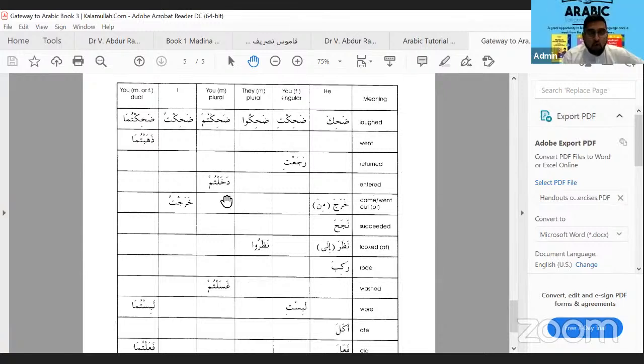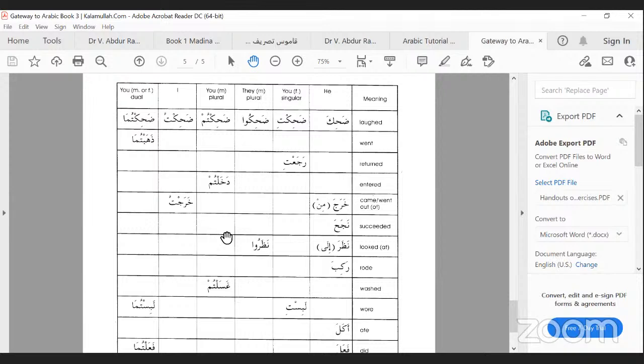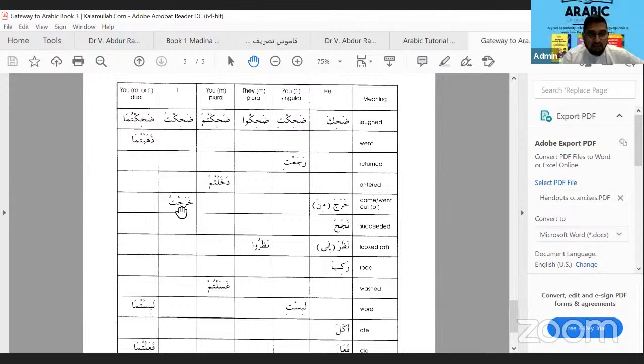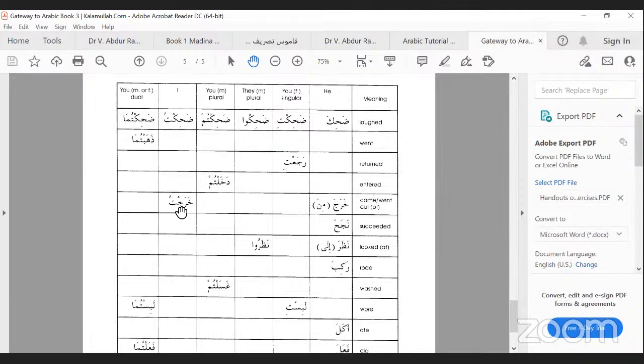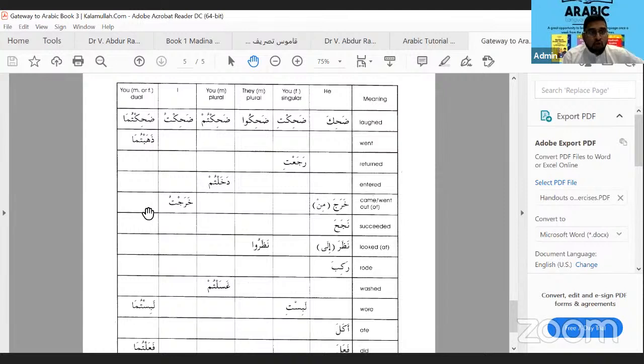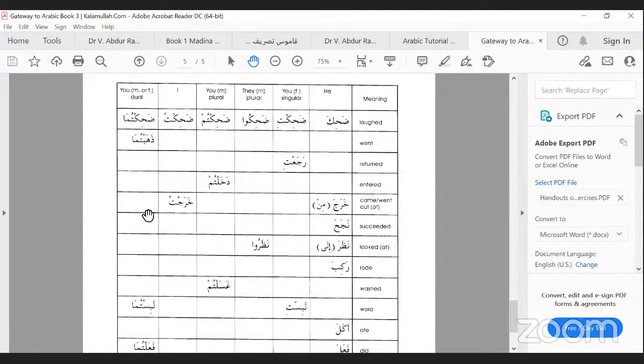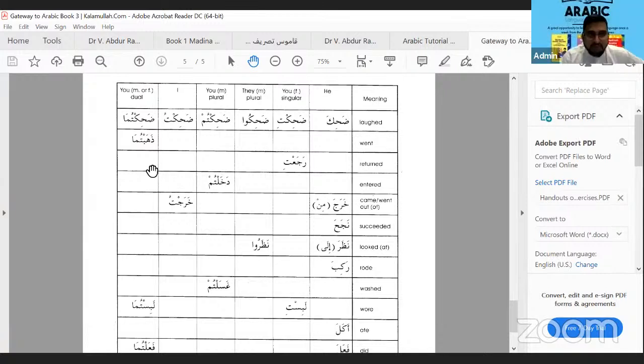You all boys went? Kharajtum. Excellent. I went. Kharajtu. Excellent. You two or you both females went. Kharajtuma. Excellent.